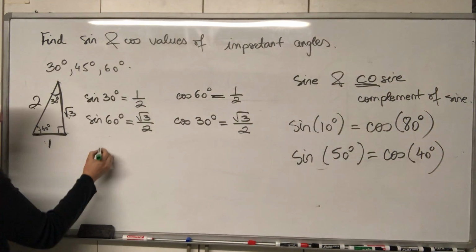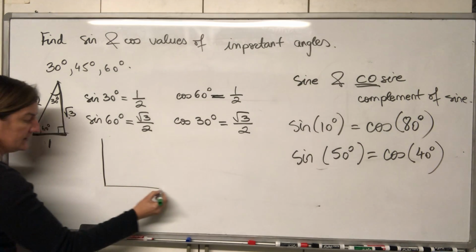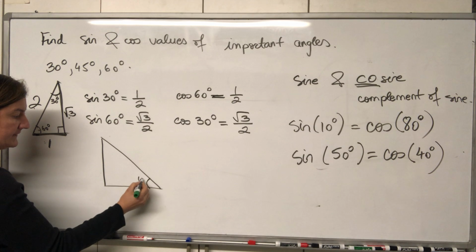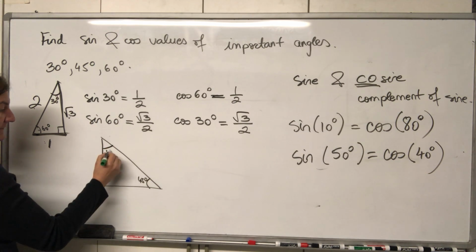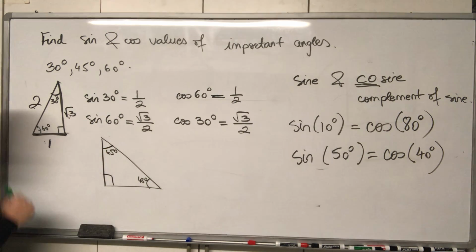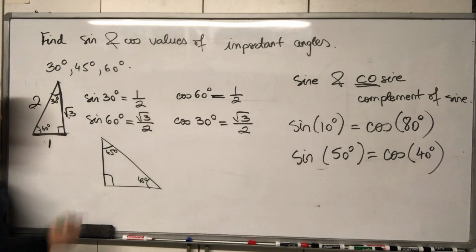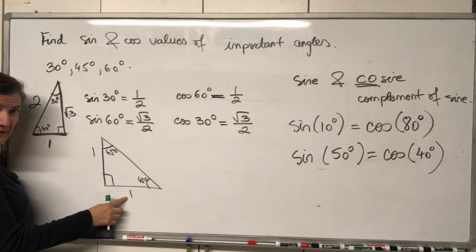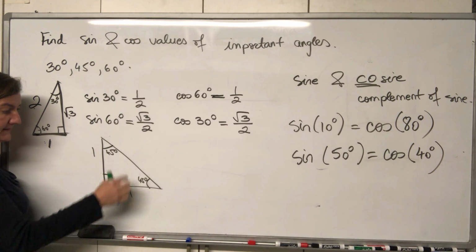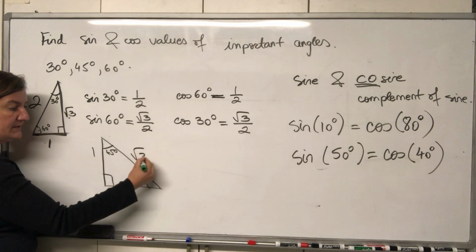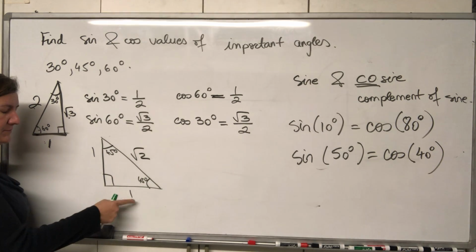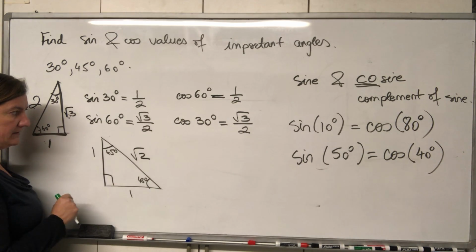We can use another important or easy to figure out triangle, and that's the 45, 45, 90 triangle. And what could I figure out of that? If I call this side 1, this one's going to be also 1 because it's an isosceles. And from Pythagoras' theorem, we can make this the square root of 2, right? 1 squared plus 1 squared is the square root of 2 squared.